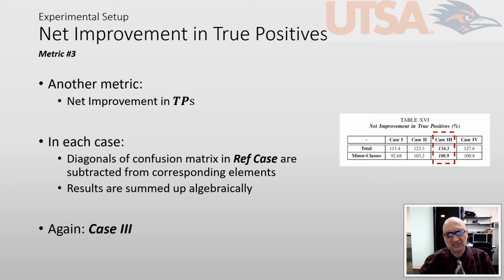So the diagonals on the confusion matrix show the true positives. So we subtracted the true positives, the diagonals, from the corresponding elements in each case, and we summed them up algebraically. Using these metrics in the total and also in minor class shows that the study case 3 produces the best results.